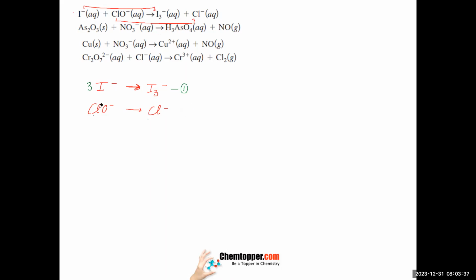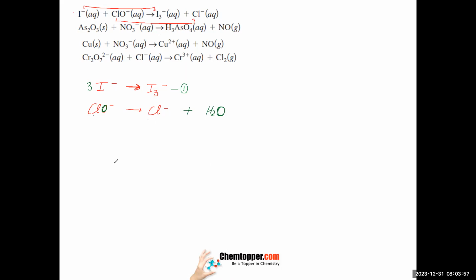So I need to add water. How many? Whatever number of oxygens are here. 1. Here 0. So add 1 water because 1 water will give you 1 oxygen. Very good. So we are done with that oxygen also.